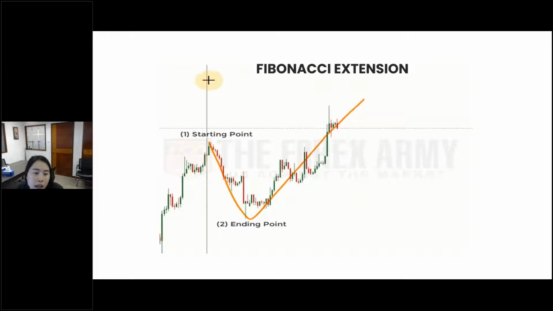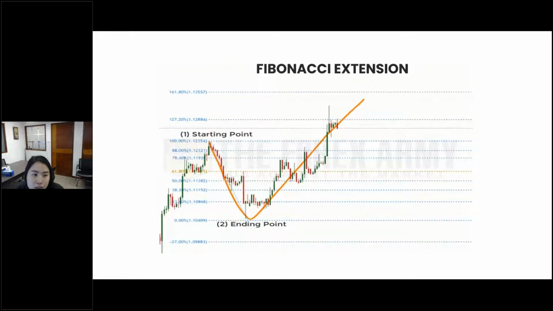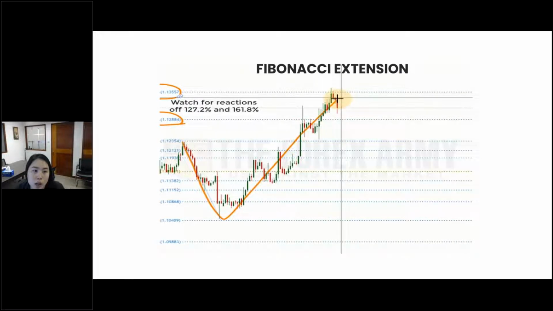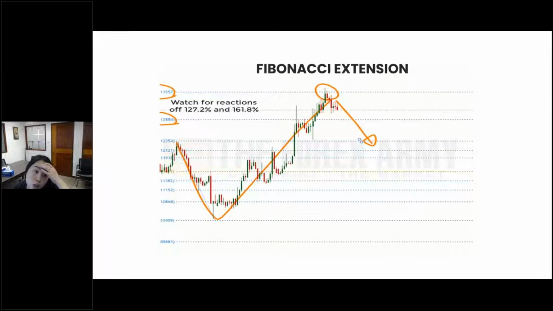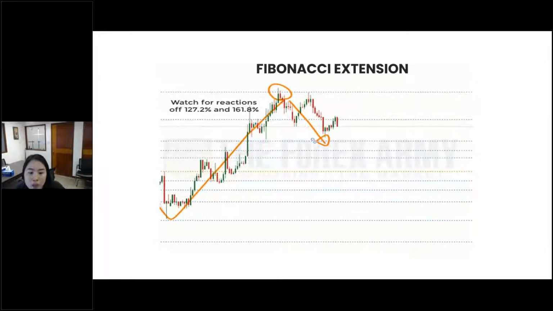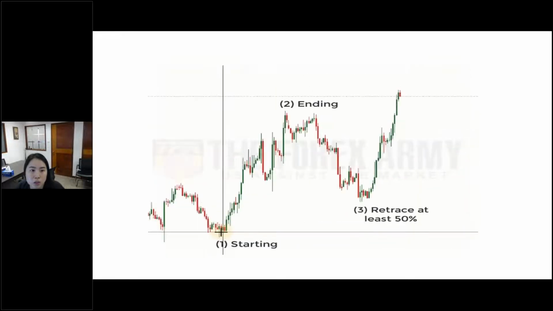It usually goes up to the 127.2 or the 161.8. These are the 2 levels that we focus on with the Fibonacci extension, and at either one of those levels, we expect price to reverse from there. So that's the Fibonacci extension, that's the Fibonacci retracement.